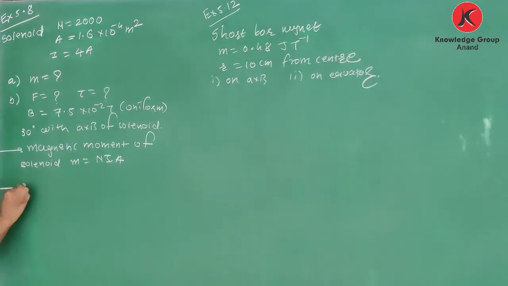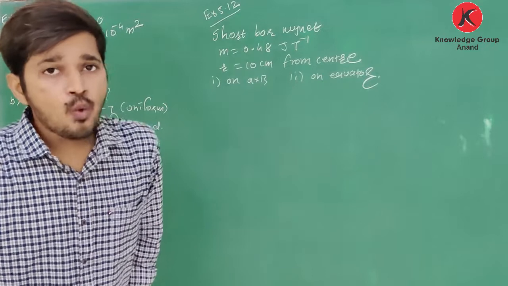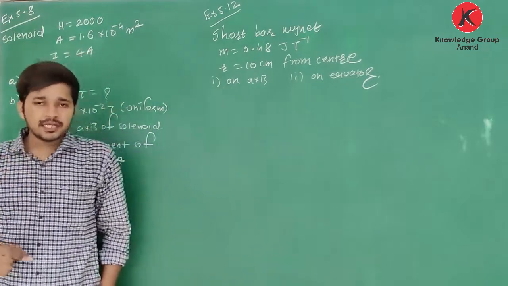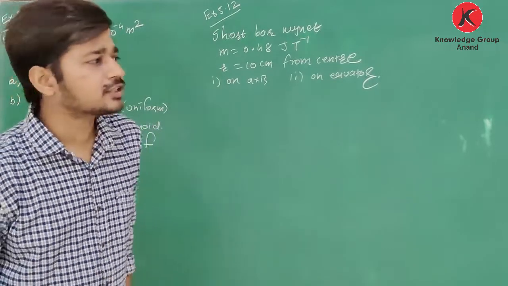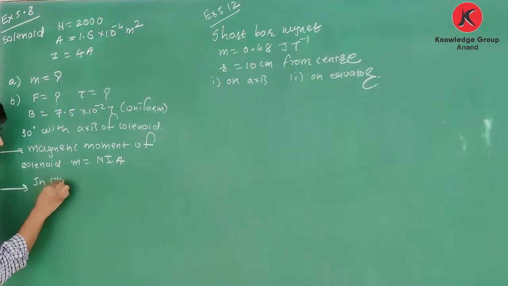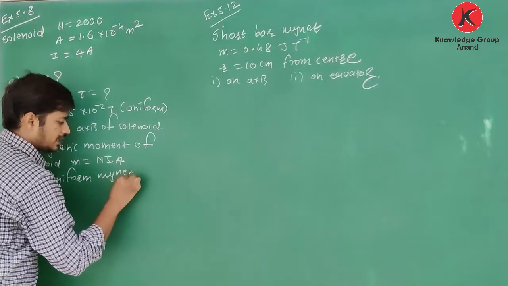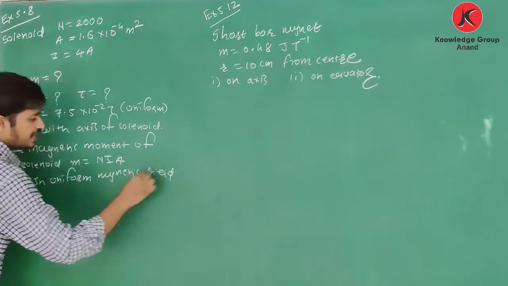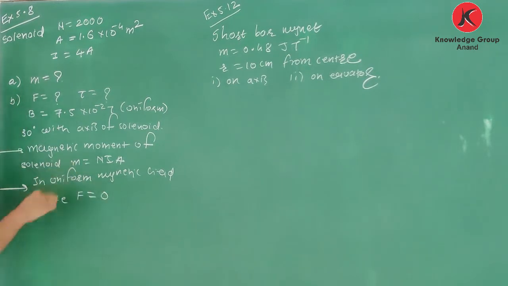Question B. What are the force and torque acting on this solenoid if it is placed in a uniform magnetic field? Students, remember, whenever you are given a magnetic dipole in a uniform magnetic field, the force acting on it is always 0. So F is equal to 0.